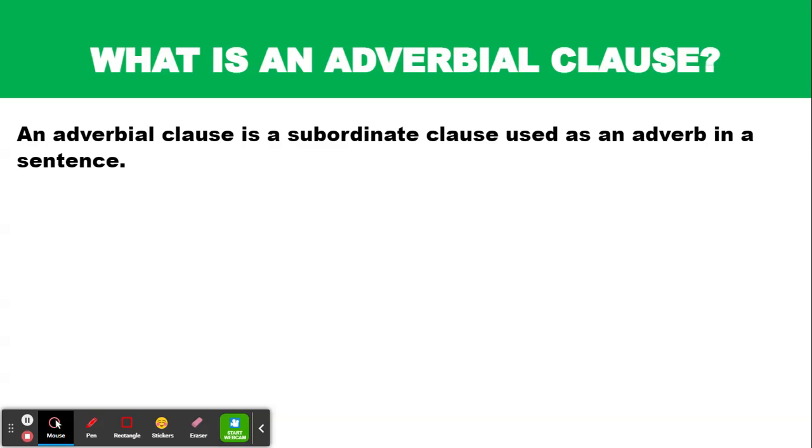We have a main clause, and that's the only type of clause that can form a sentence. All right, so you can look for a video on types of clauses, and then you'll be able to differentiate between subordinate and main clauses. Main clauses are called independent clauses. Subordinate clauses are called dependent clauses.